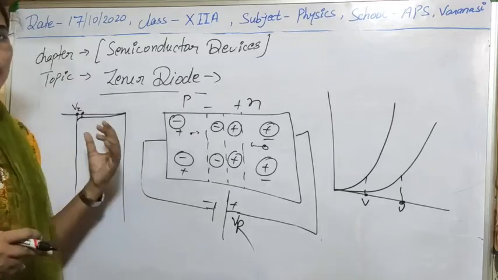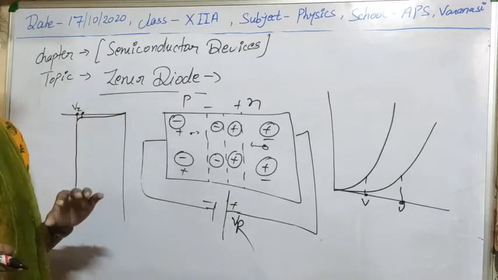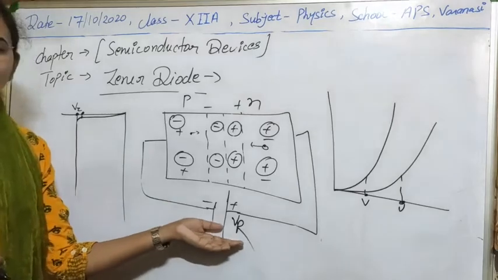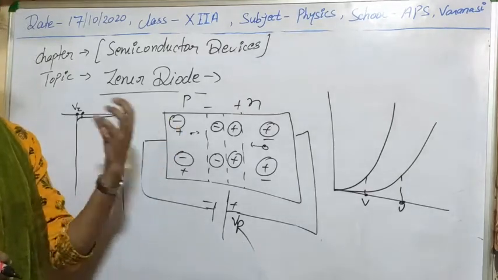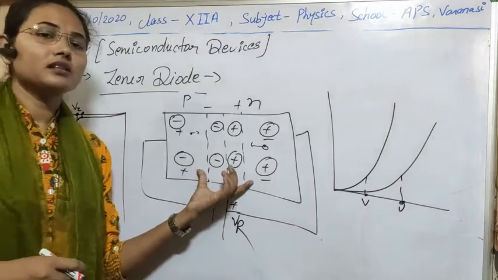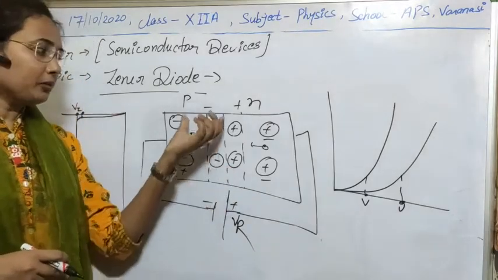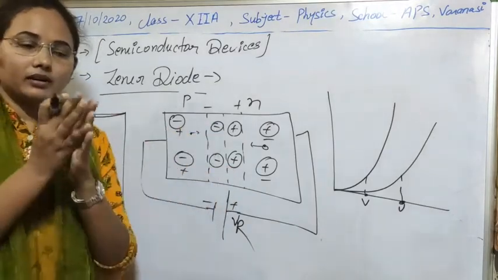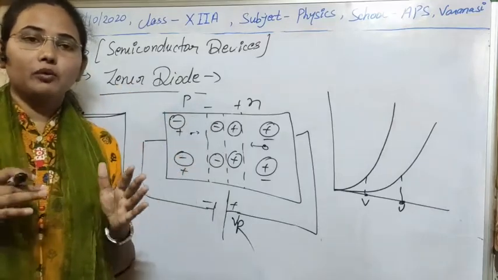As in the case of avalanche we have seen that bonds were breaking with the help of this potential and also with the help of collision, as there the depletion region width was greater, so they had a larger space to collide and move down.